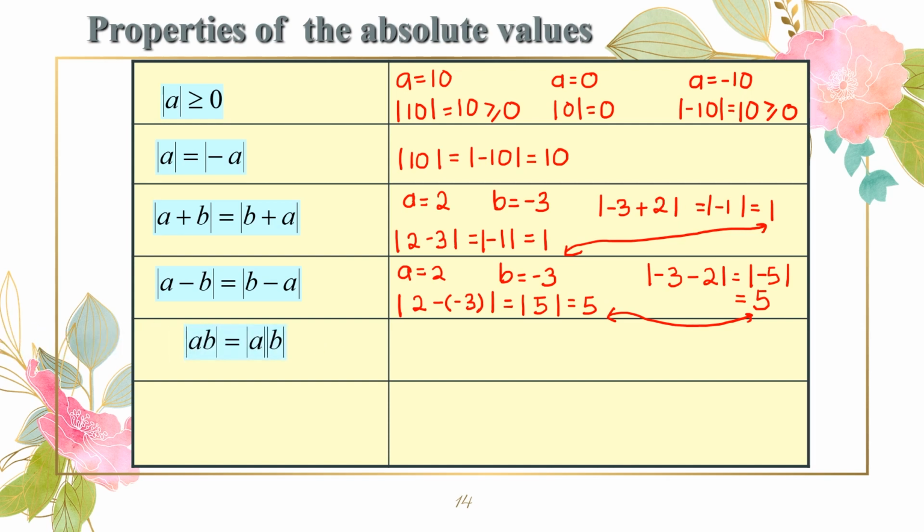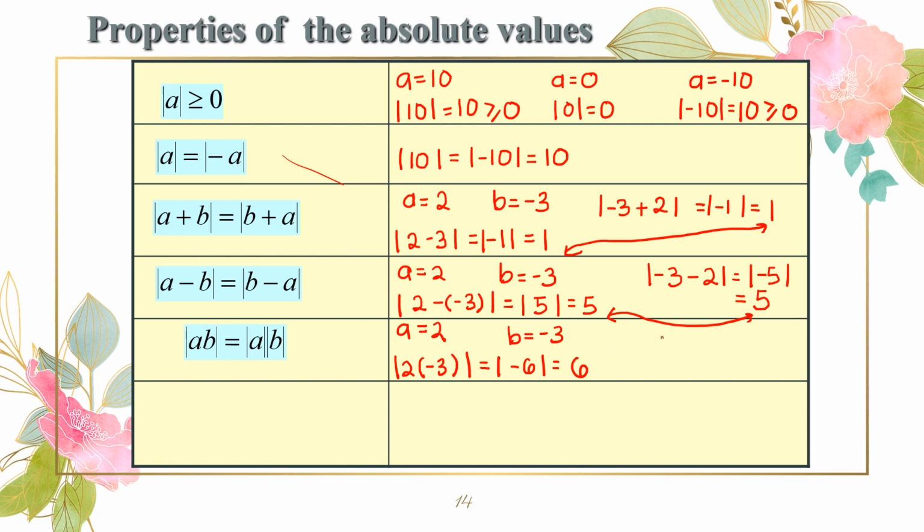Okay, we have seen addition and subtraction. Now let's look at the multiplication properties of absolute values. Again, let's say our a is 2 and our b is -3. 2 times -3 gives us -6. Since we have the absolute value here, it gives us +6.